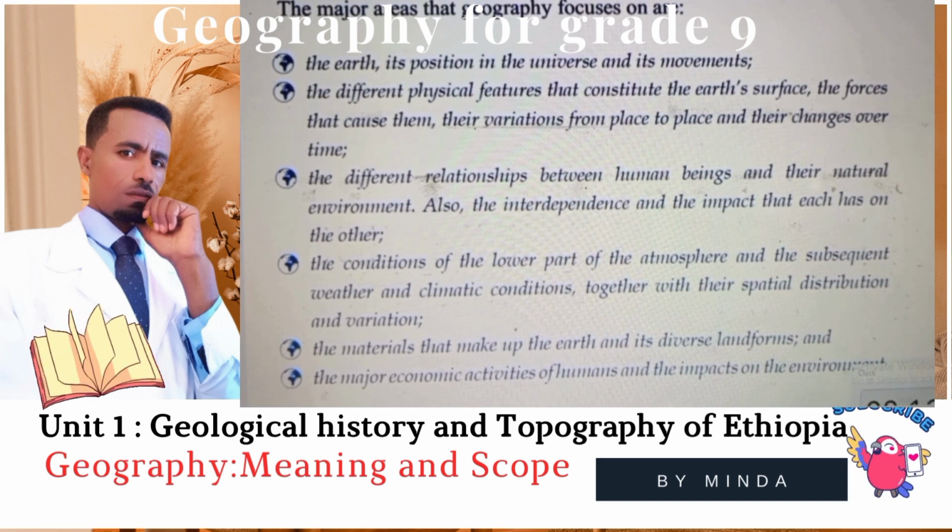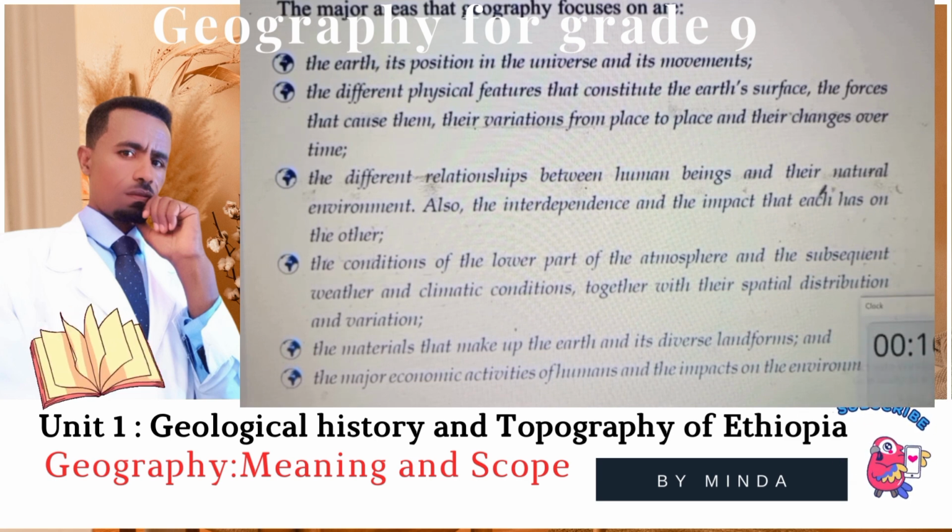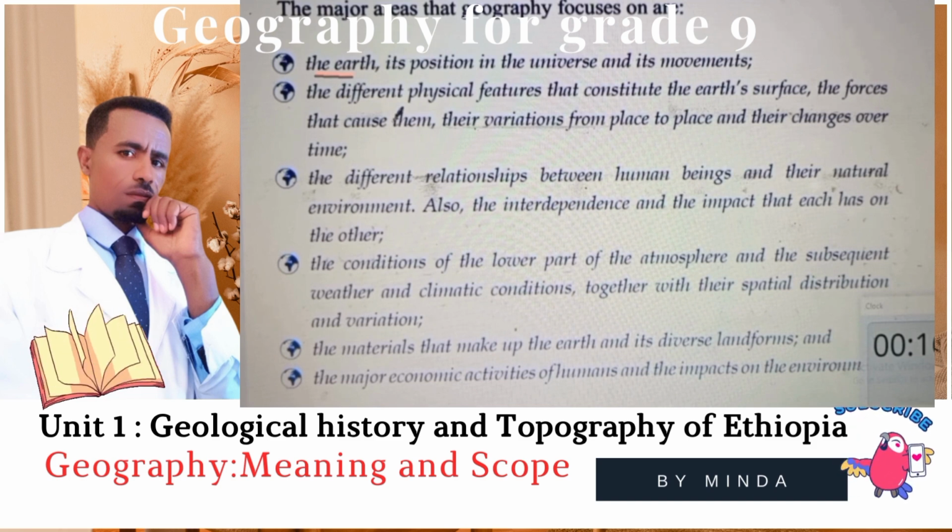Okay, the major areas that geography focuses on. One of the areas is the Earth, its position in the universe and its movements.